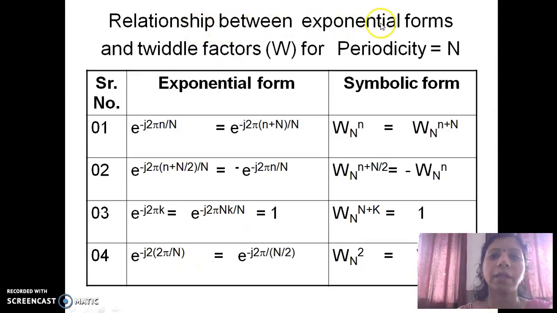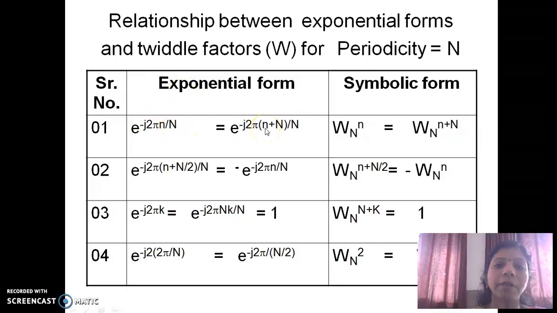Relationships between exponential forms and twiddle factors W for periodicity N. Twiddle factor is W_N raised to n. So it is periodic in nature, and that indicates W_N raised to n is equal to W_N raised to n plus N. Similarly, W_N raised to n is also represented as an exponential form, e raised to minus j2 pi n divided by N. This is also periodic in nature.